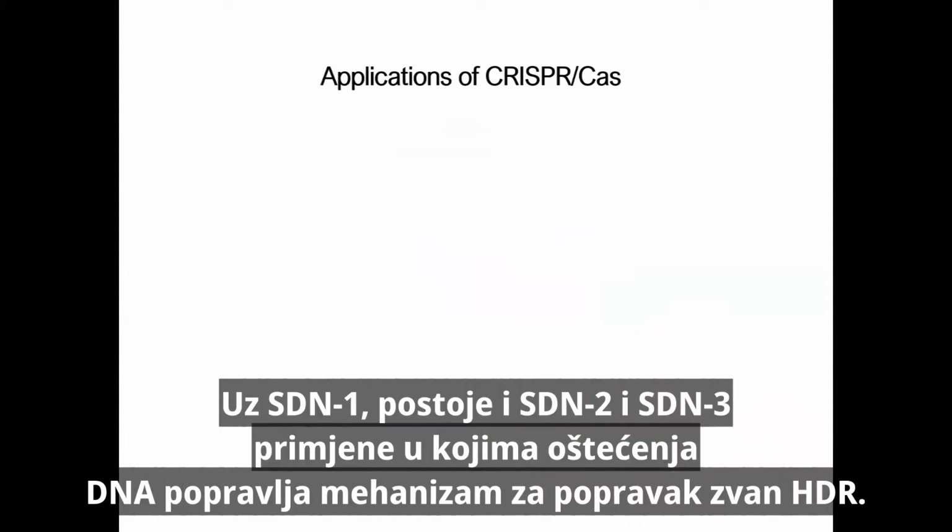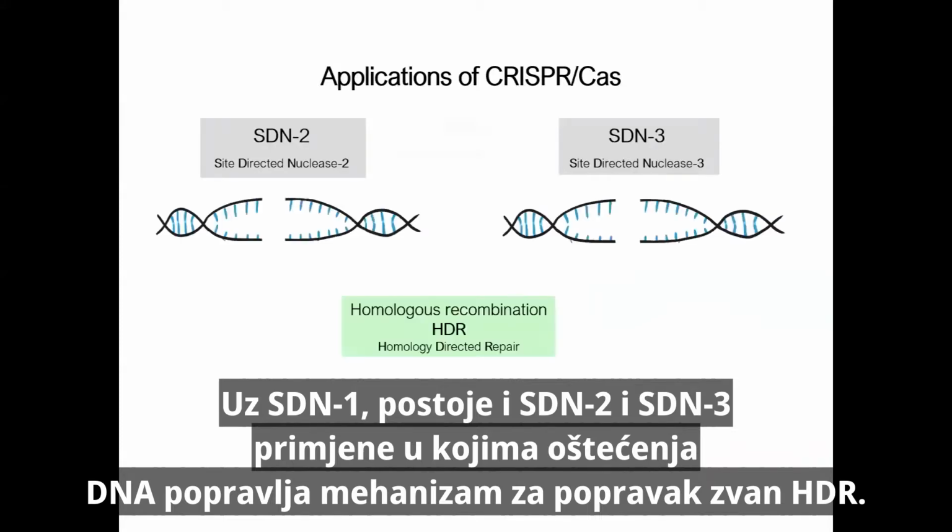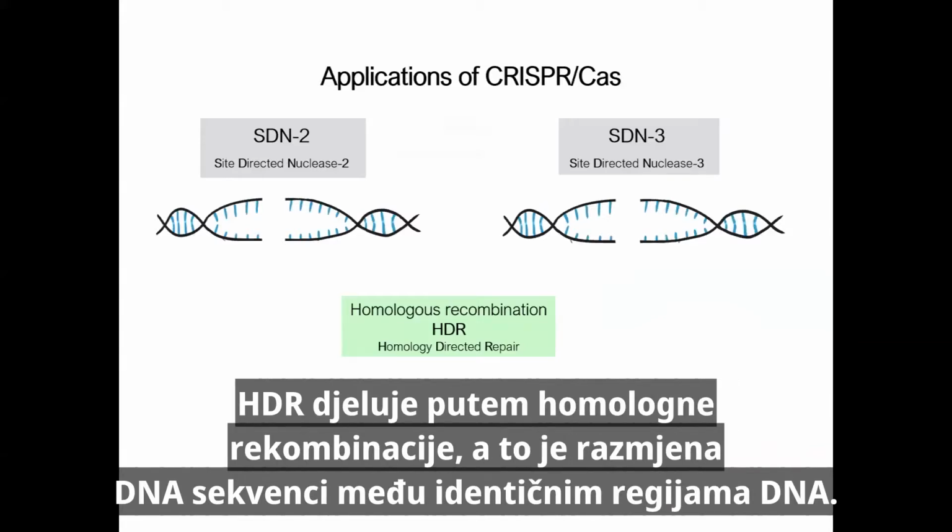In addition to SDN1, there are SDN2 and SDN3 applications in which the DNA damage is repaired by a repair mechanism called HDR. HDR works through homologous recombination, which is an exchange of DNA sequences between identical DNA regions.